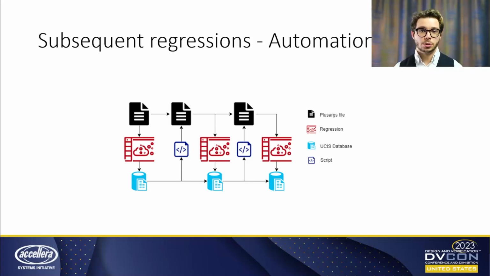Those results can then be parsed by a script that contains a certain algorithm that makes the relation between the coverage and the constraints that have to be applied to the sequences. Based on those new constraints, a new plusarg file is generated and a new regression is run. This can be repeated until the 100% coverage milestone is reached.